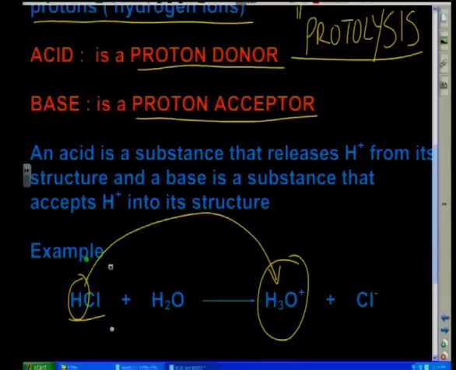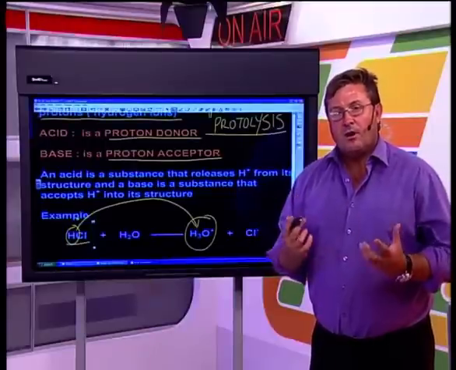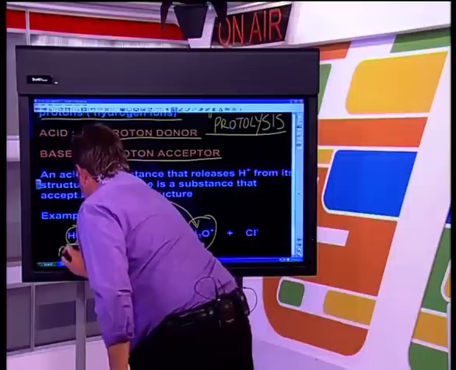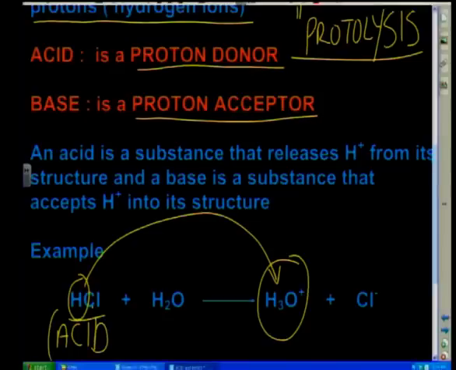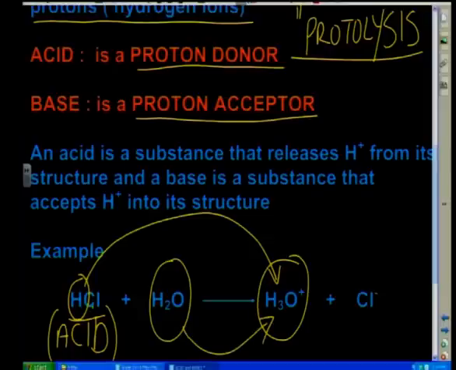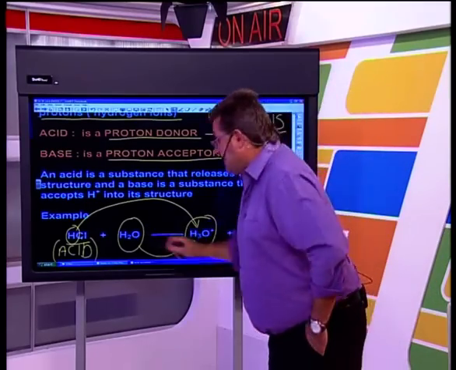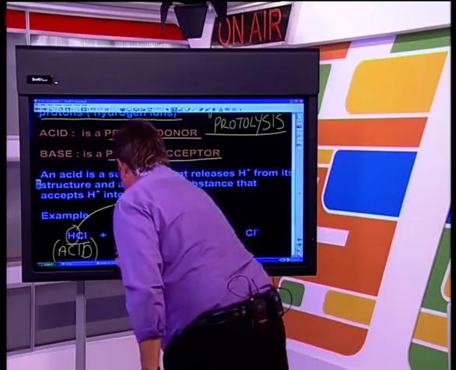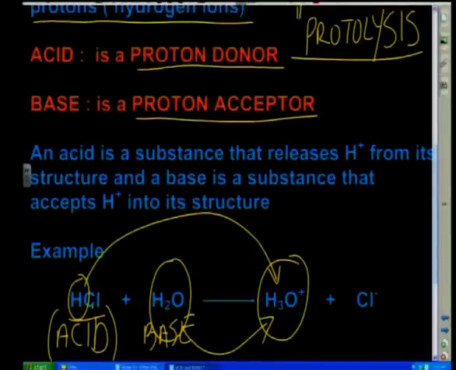So therefore, the HCl, the hydrochloric acid, or hydrogen chloride molecule, has donated a proton. So according to Lowry and Bronsted, that must act as an acid. It's donating a proton. But now, what is this guy doing at the moment? Well, this guy is taking the proton to form the H3O+. So the water is accepting the proton. So therefore it must be acting as the base.